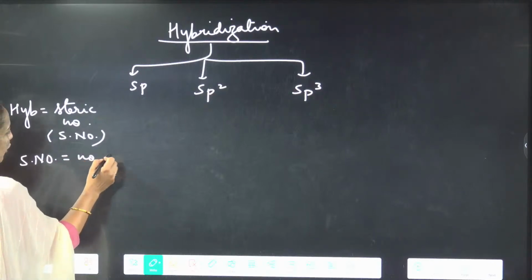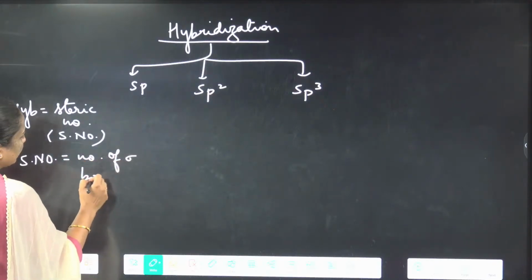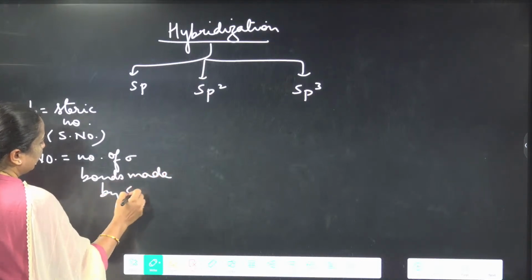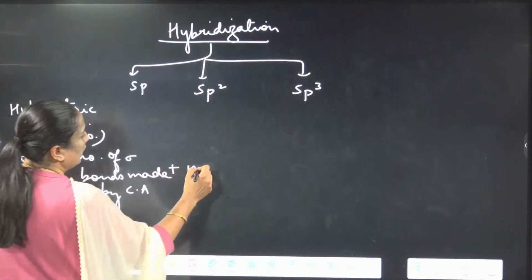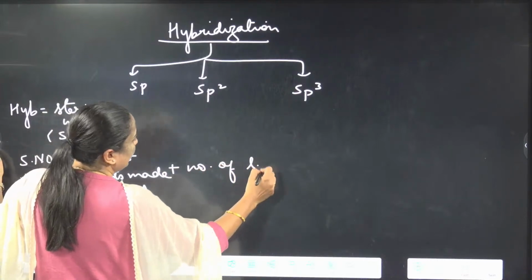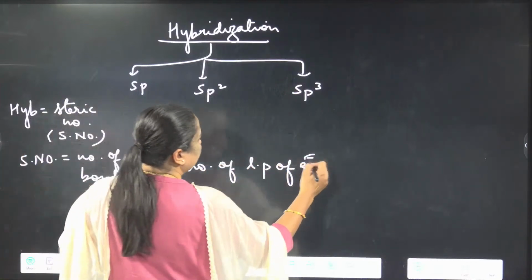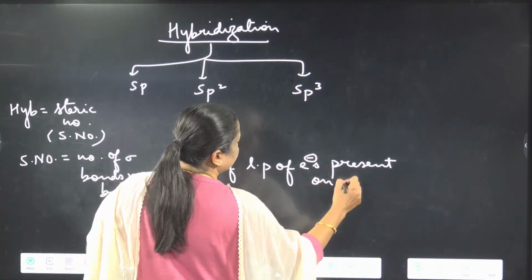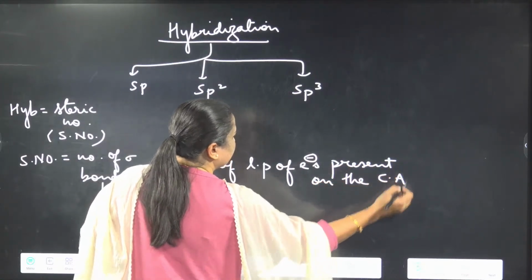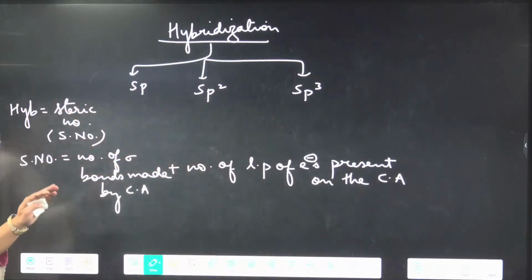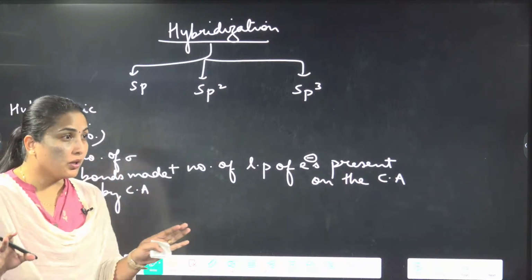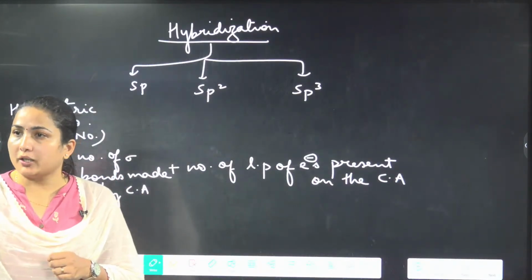It is the number of sigma bonds made by the central atom plus the number of lone pairs of electrons present on the central atom. You should be capable enough to count the sigma bonds, and I'm hoping that you will be, because you already have studied chemical bonding, right?